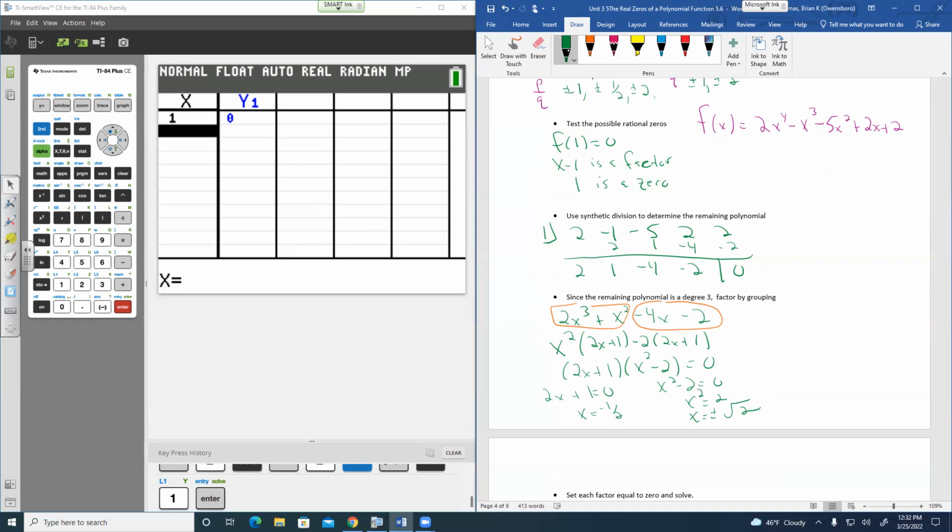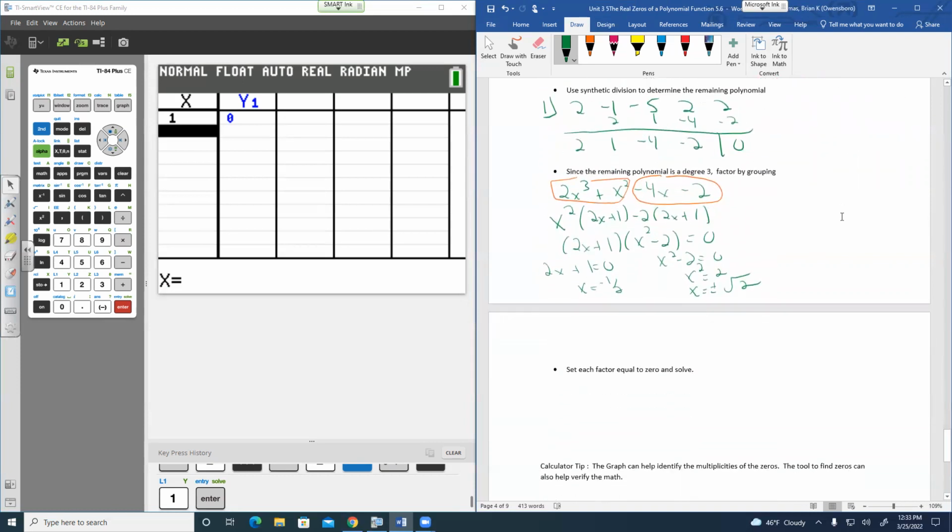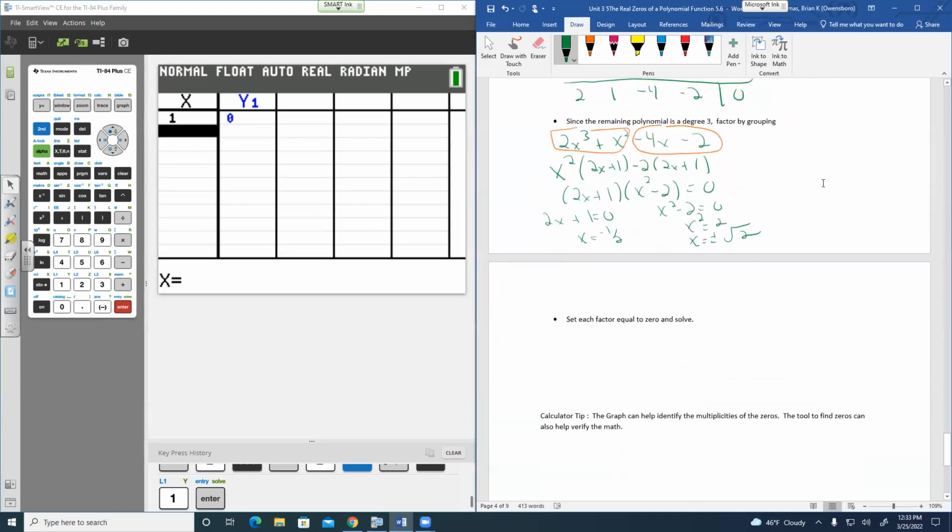So we found 1 up there. We set each one of those factors equal to 0 and we solved already. So we ended up with x equals 1, we have this negative 1/2, and we have a square root of 2, and we have the negative square root of 2.